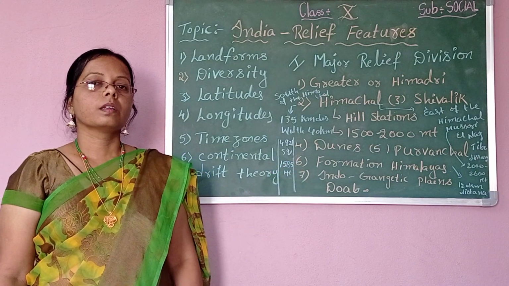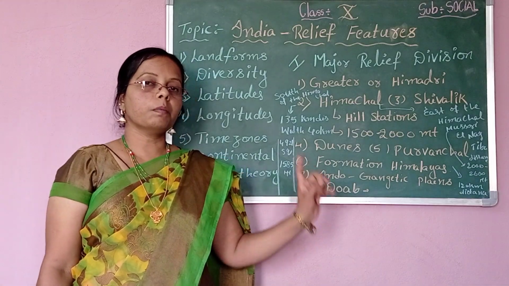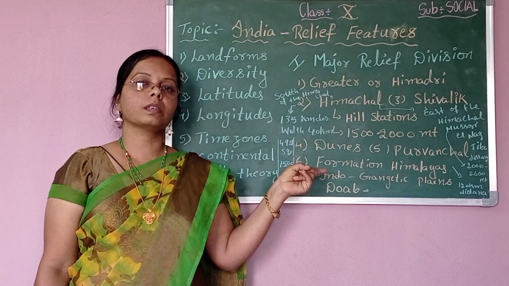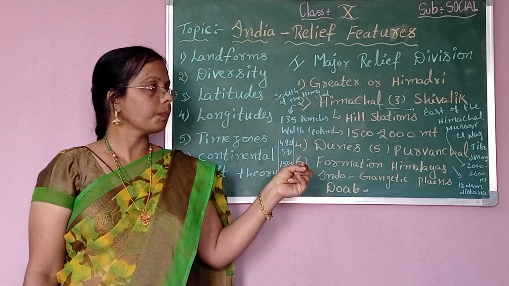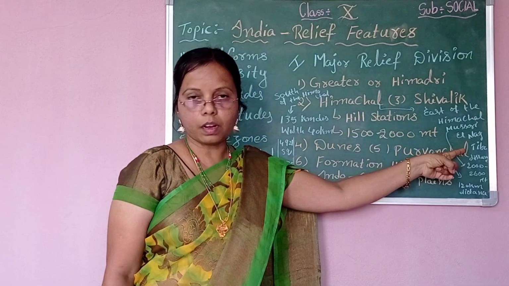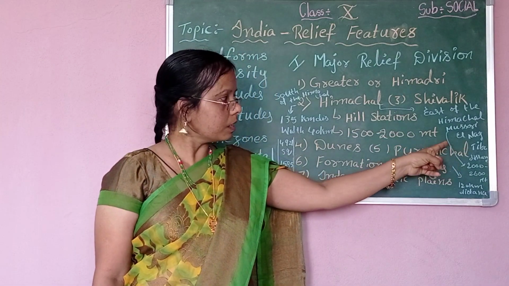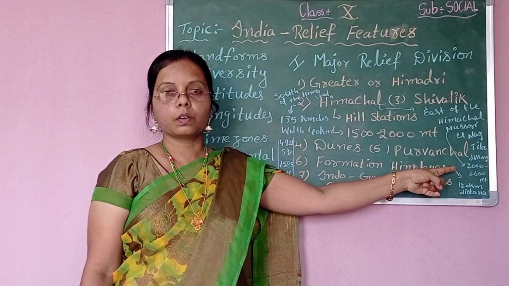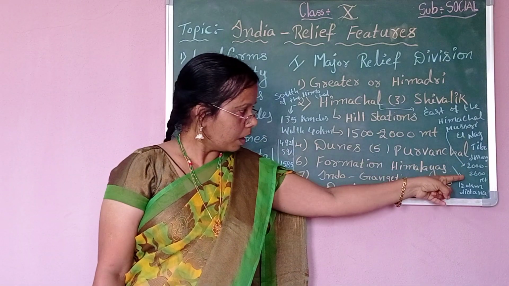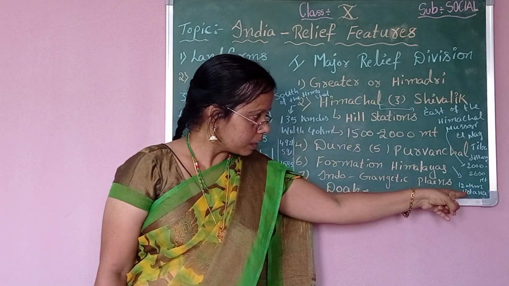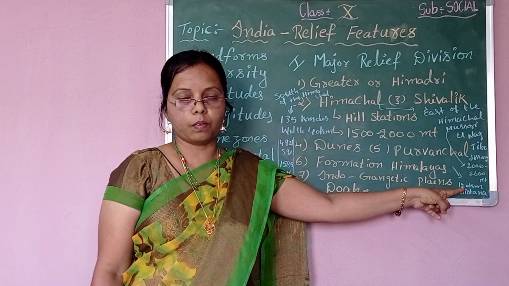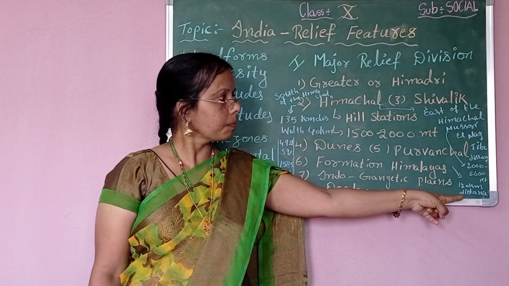Next, the east of the Middle Himalayas is marked by the Mussoorie and Nag Tibba ranges. The height of the Mussoorie range is 2000 to 2600 meters, and the length of these ranges is 120 kilometers.